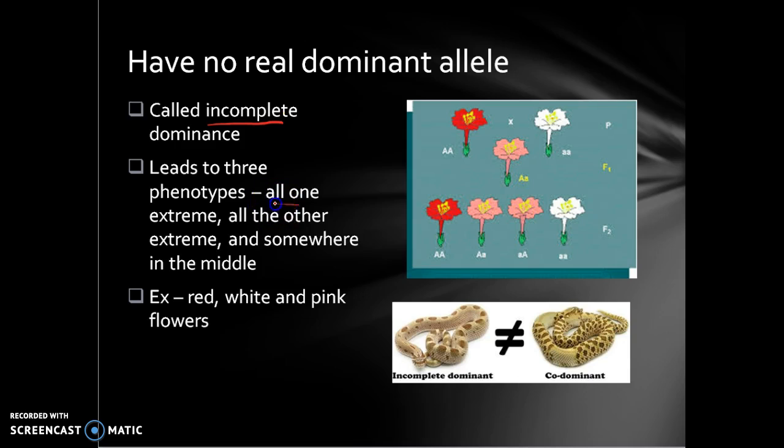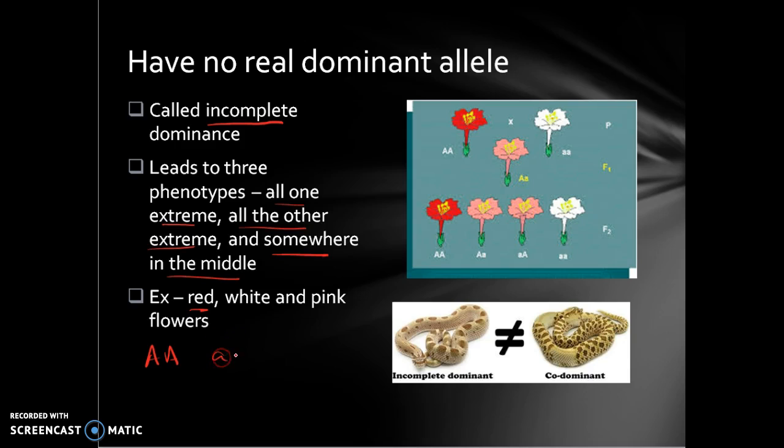You can have all one genotype extreme, all the other extreme, the other end of the spectrum, and then you get a blending. You get something that's somewhere in the middle. So, for example, there are some flowers that breed this way with incomplete dominance, so that you have red flowers when they are homozygous, sort of, for one allele.